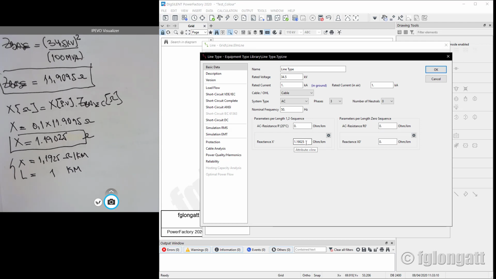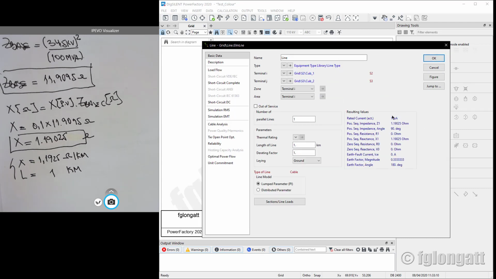That's all. And here in blue color, you can see the resulting values, and you can confirm here that we have 1.19, and that is the same value that we are using here, 1.19025 ohms. Okay, good.